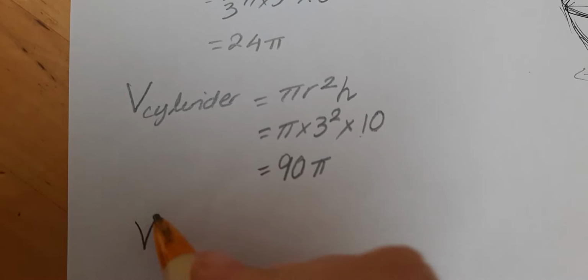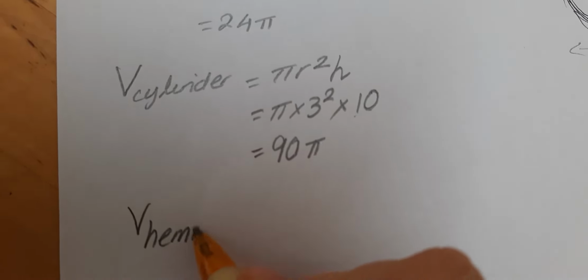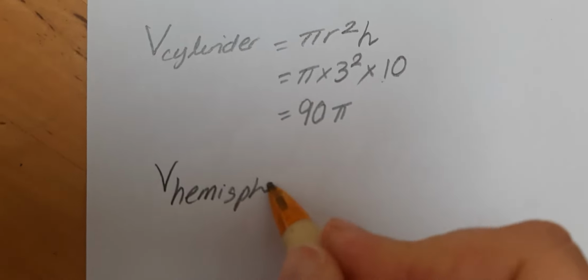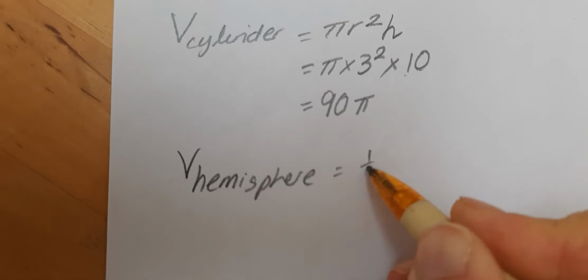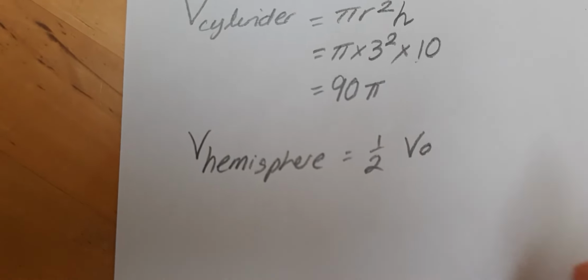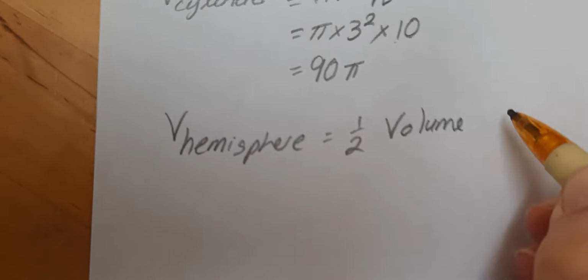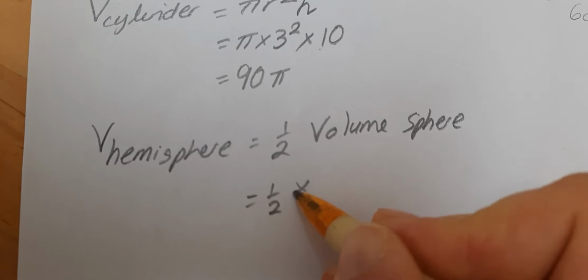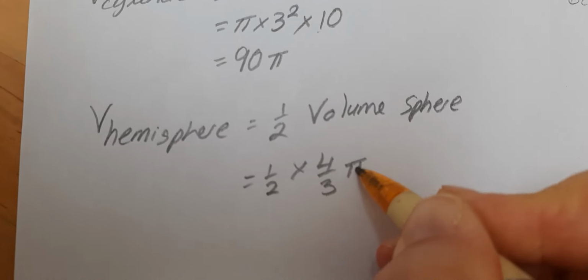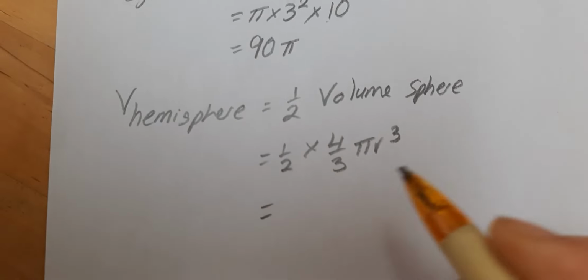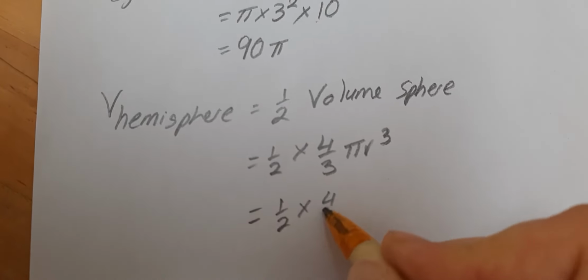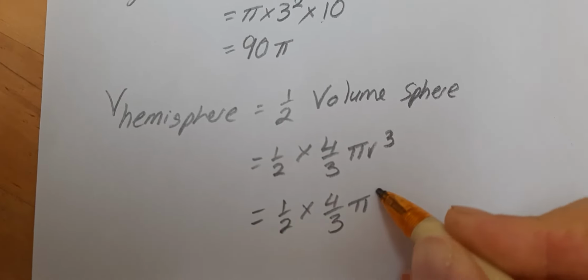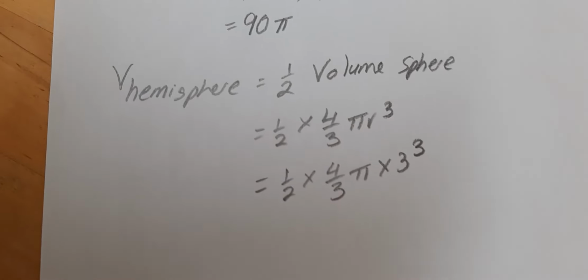And the volume of the hemisphere is half the volume of the sphere, which is half times 4/3 pi r cubed. So that's a half times 4/3 pi times the radius, which is 3 cubed.